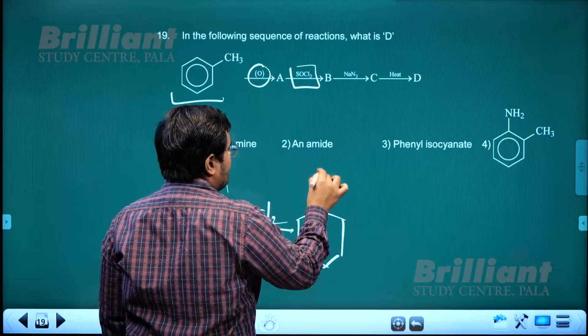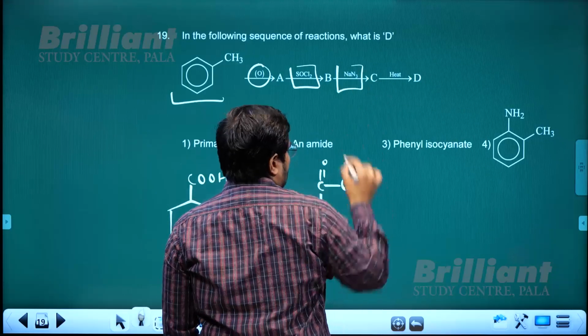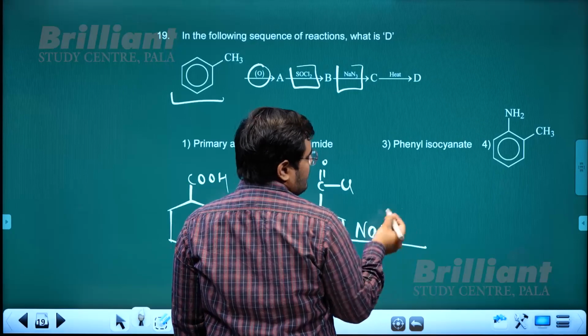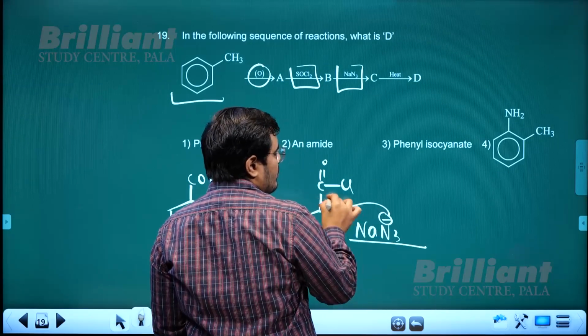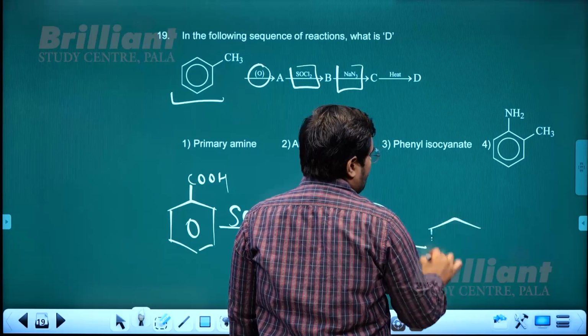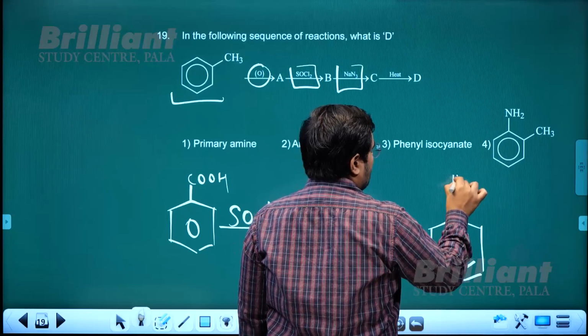So this will become COCl, and then it is treated with sodium azide. After treatment with sodium azide, a nucleophilic acyl substitution will happen here, resulting in the formation of acyl azide.